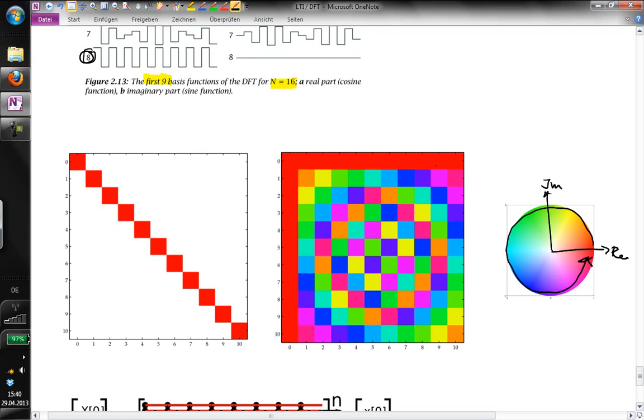And this is what you also see here. This is the matrix F, where the complex elements are color coded.